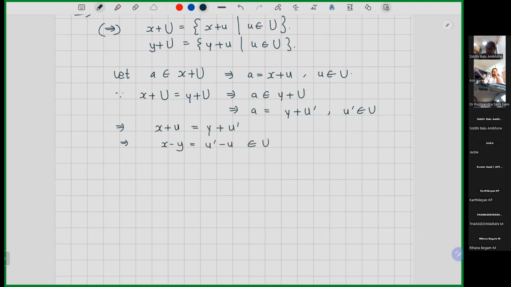But this u dash minus u is an element in U since U is a subspace. Therefore, we got that x minus y is in U. Any doubts here?